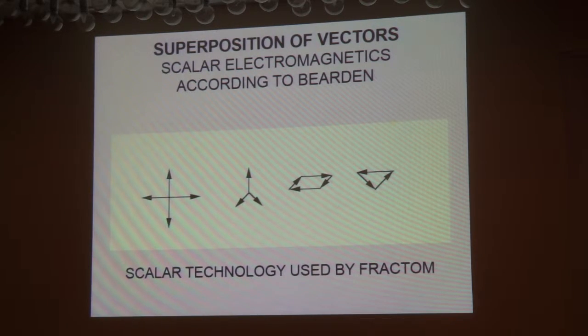Instead of using these special coil windings, you can put the coils in different geometries, and you generate what, according to Tom Bearden, is a superposition of vectors generated from the different individual coils, depending on the geometric arrangement of the coils.